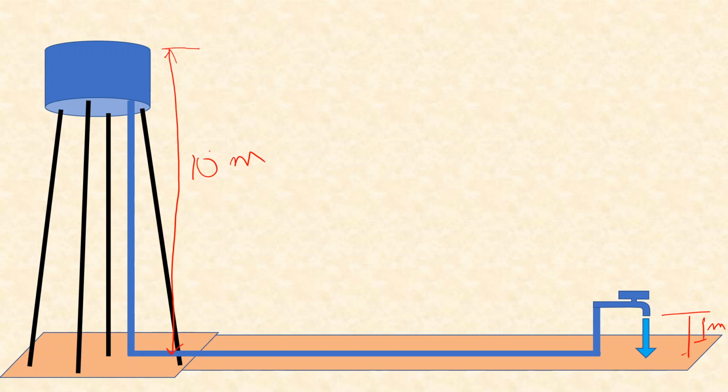Now from the top of the water surface up to the outlet of the tap, the head loss is now equal to 9 meter.